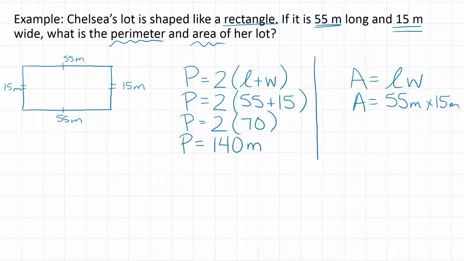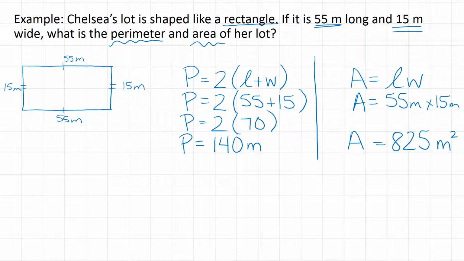If you were to do this math on a scrap piece of paper, 55 times 15, you would get a final answer of 825 meters squared. Say Chelsea wanted to put grass on this lot, she would need to cover 825 meters squared of grass.